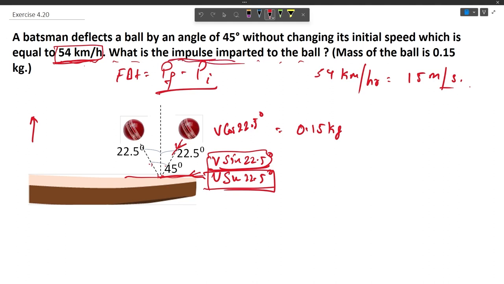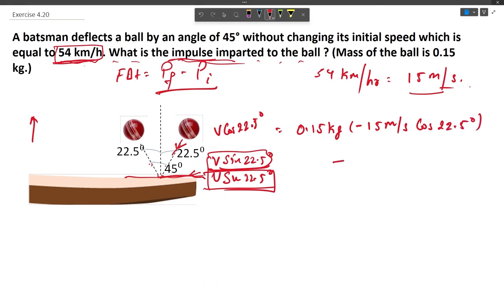Initial velocity is minus v, that is 15 meter per second cos 22.5 degree, minus initial momentum.